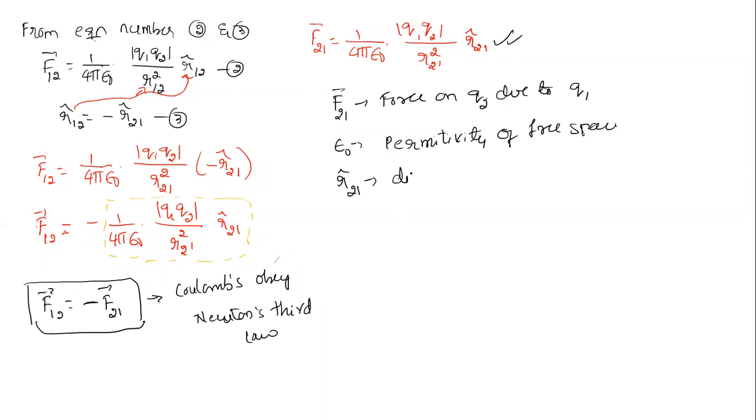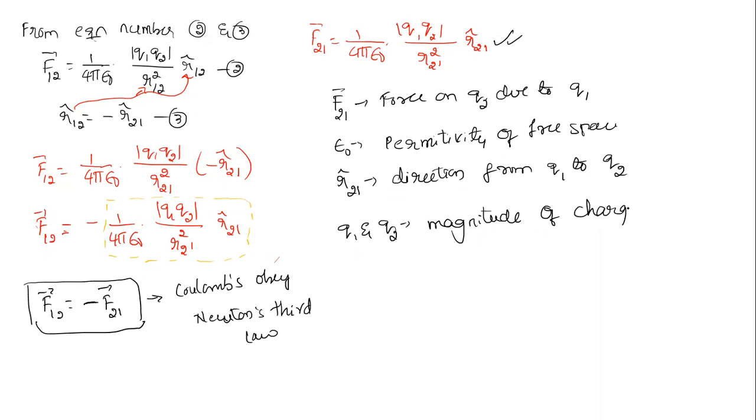Indicating direction from Q1 to Q2. And what are Q1 and Q2? Magnitude of charges. So this is about Coulomb's law and its vector notation.